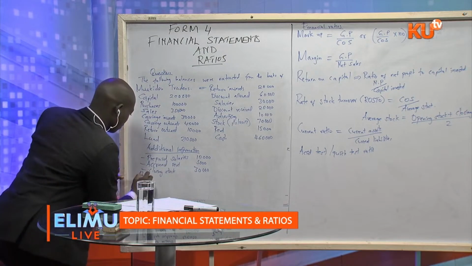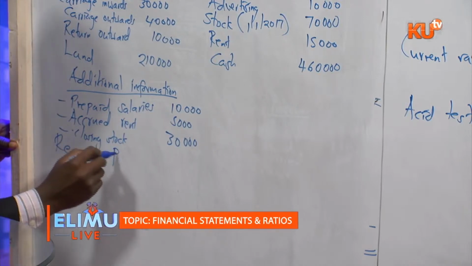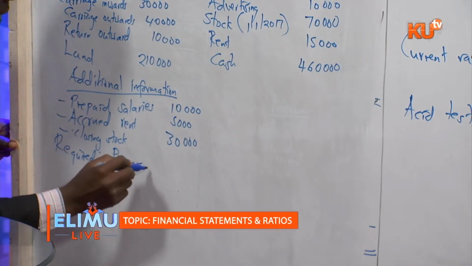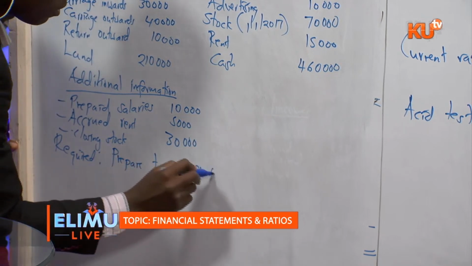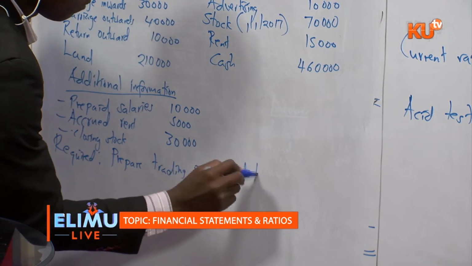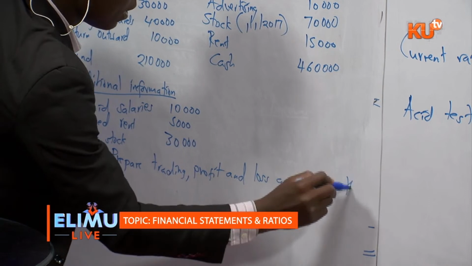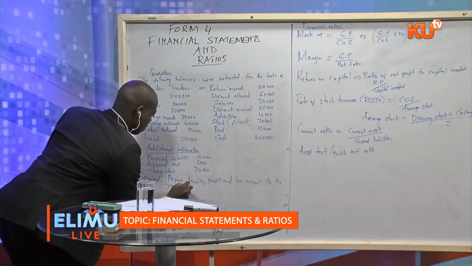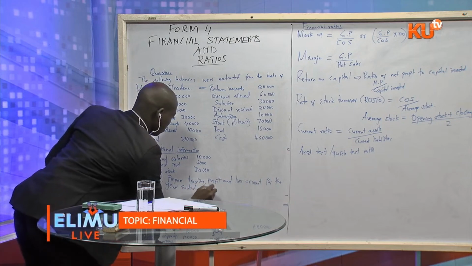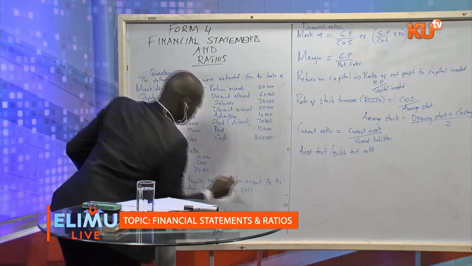You are required to prepare the trading profit and loss account for the year ended 31st December 2017.